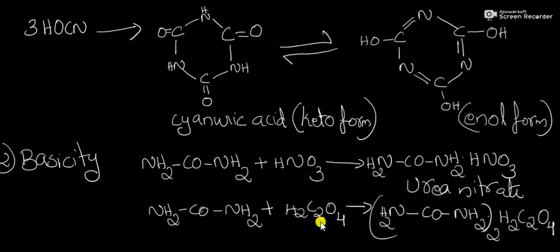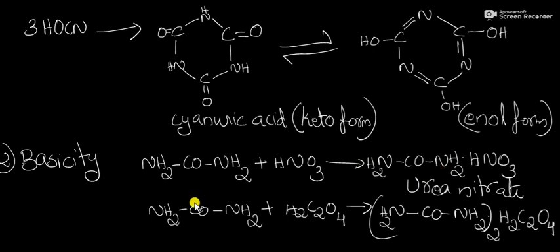That is another confirmatory test for urea in our organic practical labs. First one, reaction with nitric acid. When urea reacts with nitric acid, we get urea nitrate. This is the formula of urea nitrate, NH2CONH2·HNO3. That is a white crystalline solid.